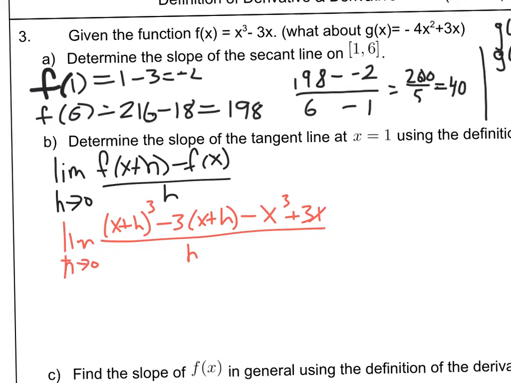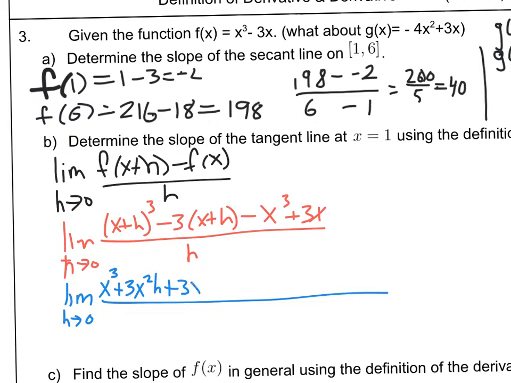And looking at this, x plus h cubed, when you multiply it out, is going to end up being x cubed plus 3x squared h plus 3xh squared plus h cubed minus 3x minus 3h minus x cubed plus 3x.